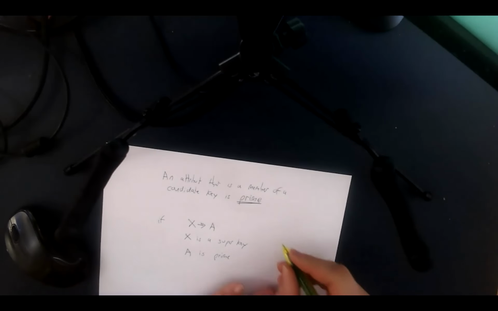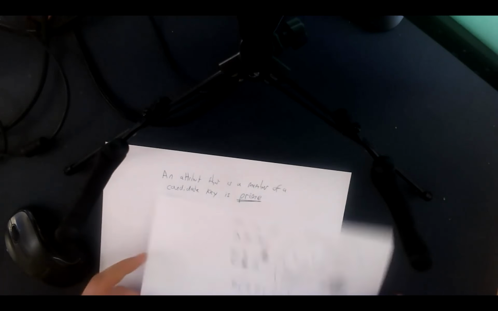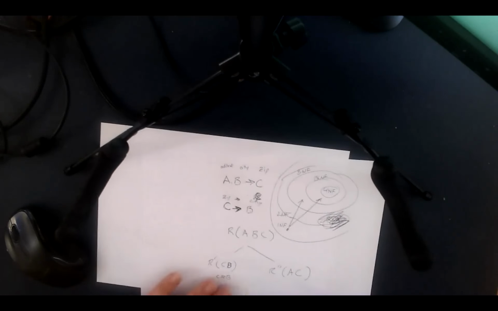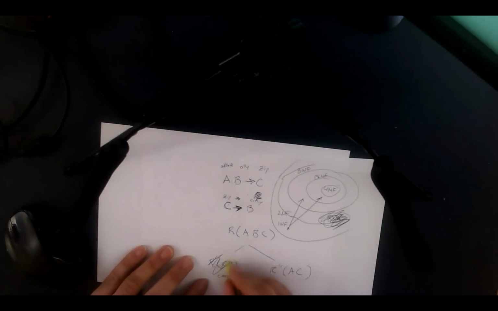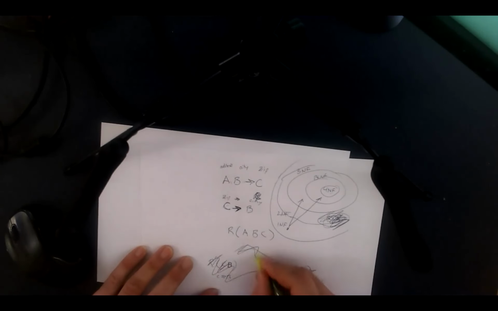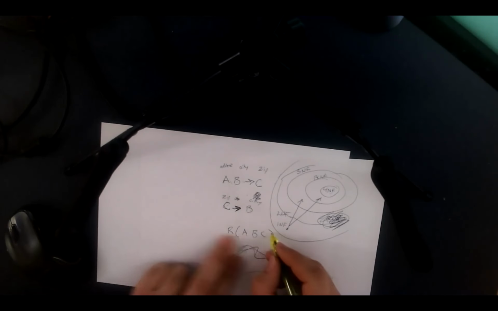Let's get back to our earlier example so we can build. We look at this one right here. First of all, let's just take this away for a second. We have ABC here. What are the superkeys of this relation?